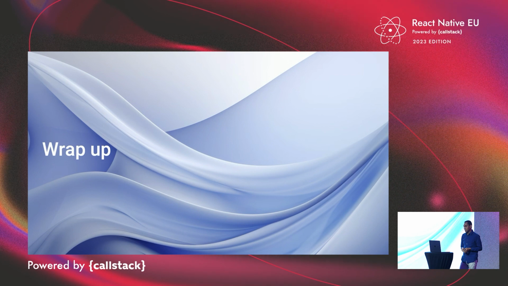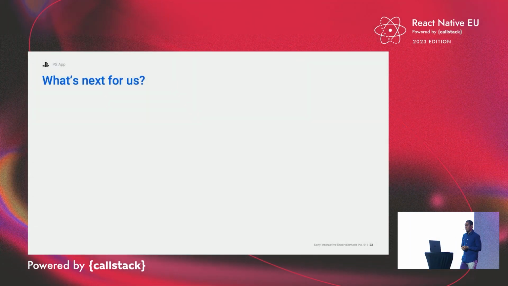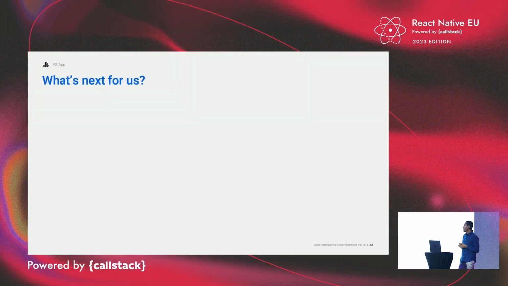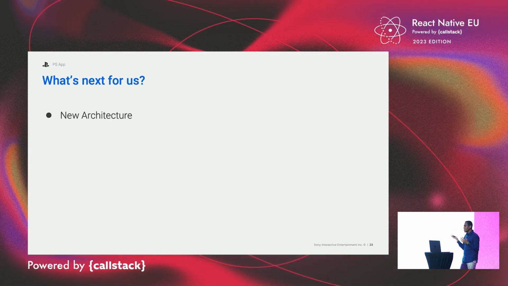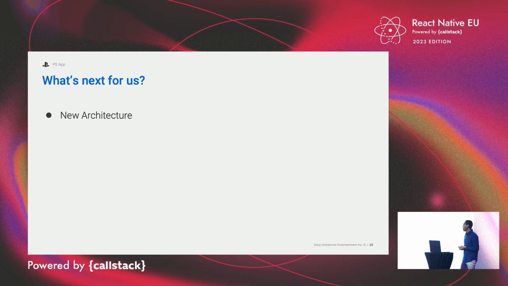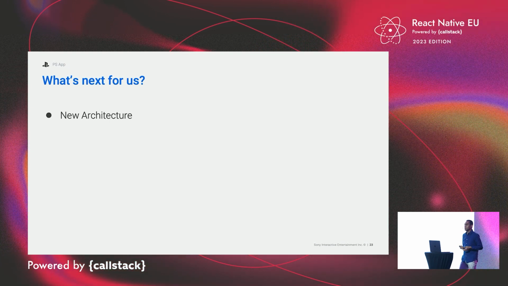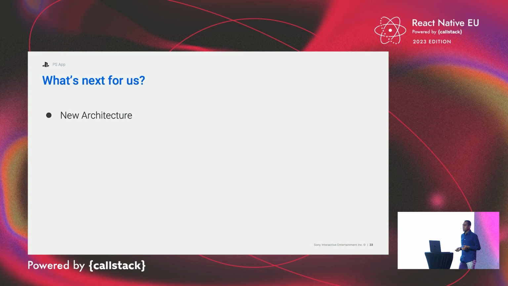And lastly, I want to tell you a little bit more about what's next for us. Obviously, this is something that a lot of us are excited about, the new architecture. We're currently in the process of understanding what the impact of the new architecture is going to be.